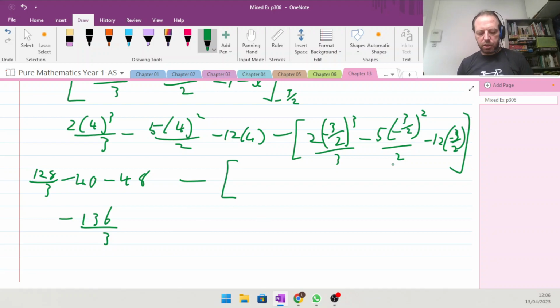Minus, what's this one then? So minus 3 over 2 cubed times 2 divided by 3 is minus 9 over 4, then minus 3 over 2 squared times 5 divided by 2, minus 45 over 8, and finally minus 3 over 2 times 12, minus 18, so plus 18.